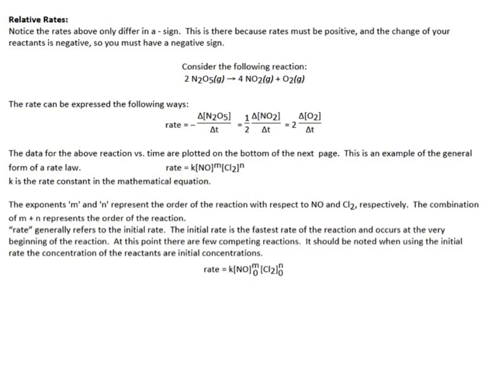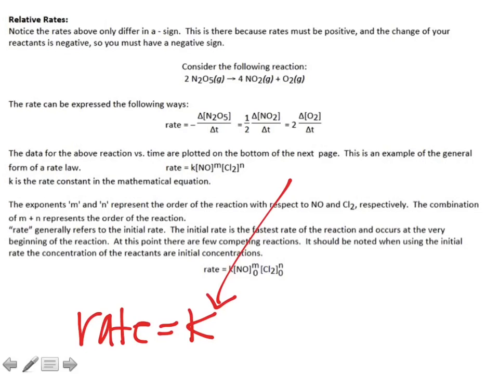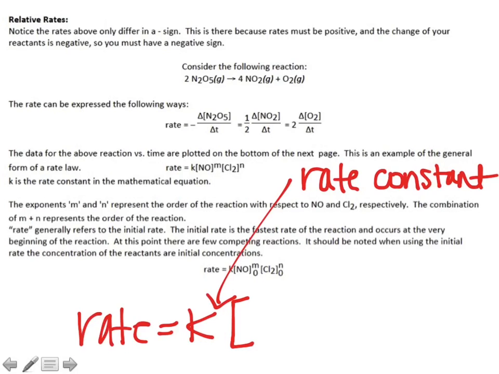Okay, so using this information, we want to write a rate law. A rate law is written as the following: rate is equal to k, and k is the rate constant, times the concentration of your reactant.